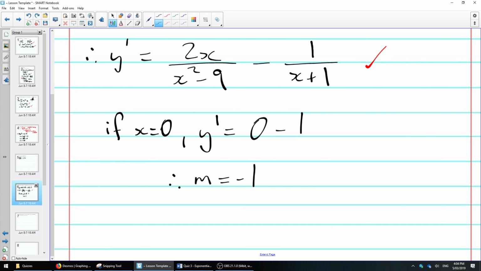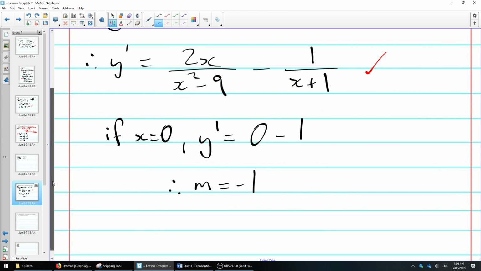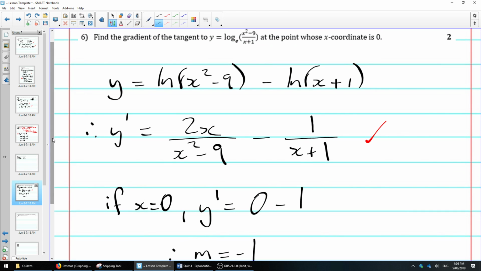So you know how you said when you differentiate a ln, you differentiate a logarithmic function, basically, you differentiate what's inside, and you put that in the numerator, and then you keep what was inside and make that the denominator.